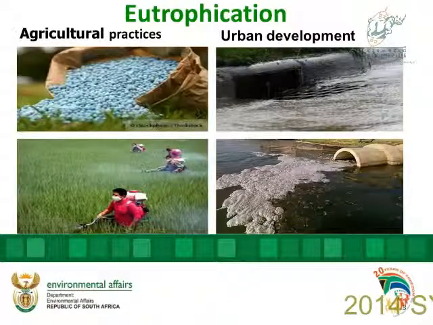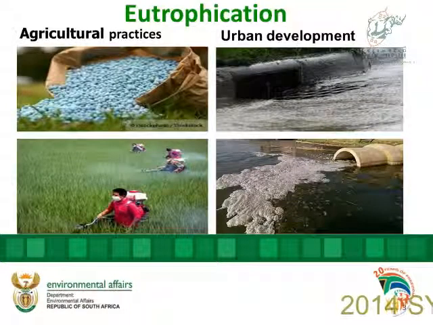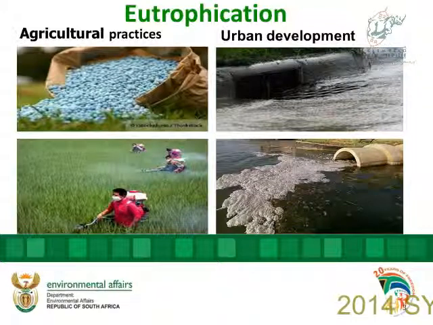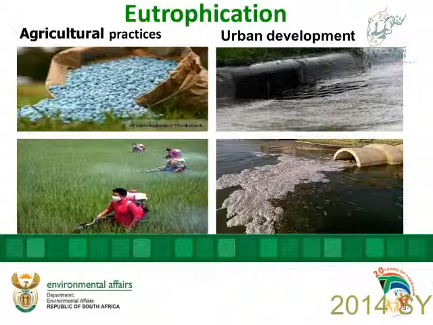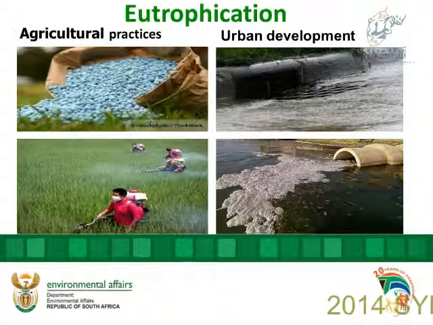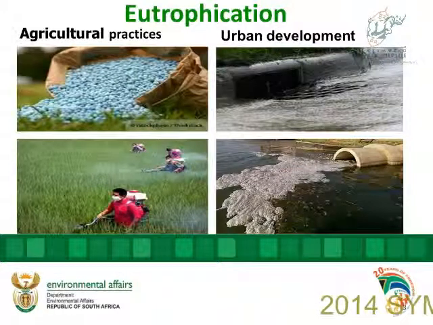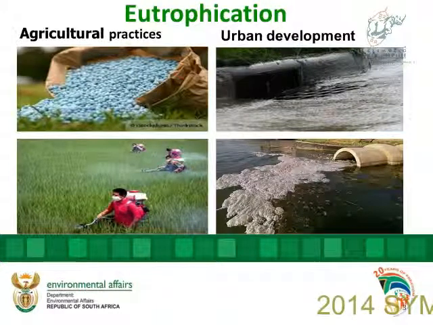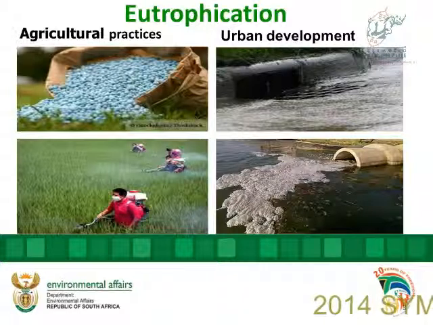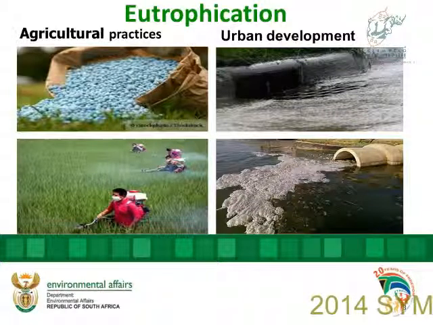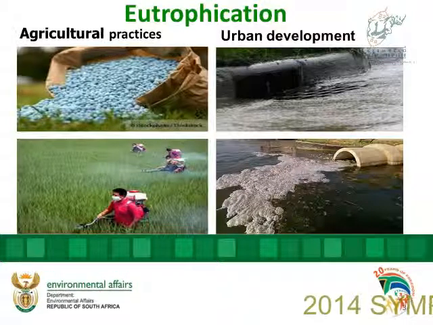Let us now zoom down to agricultural practices. In the case of agricultural practices, we have land-based fish farmers that use both organic and inorganic nutrient loads to maintain their stock. We also have crop and tree plantations where farmers apply fertilizers, pesticides, and herbicides to increase their yields.